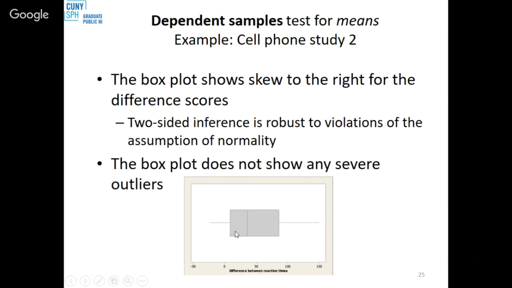And if we were to plot this, it would just look like a single box plot of the differences. And one thing, just as an example here, the reason for doing this paired test is that it's efficient.